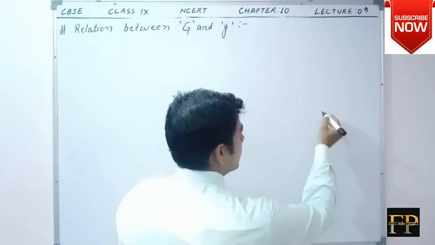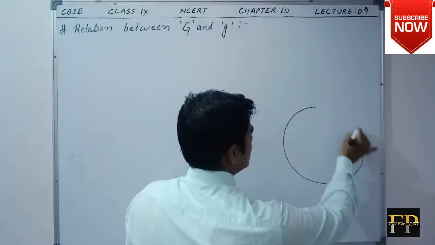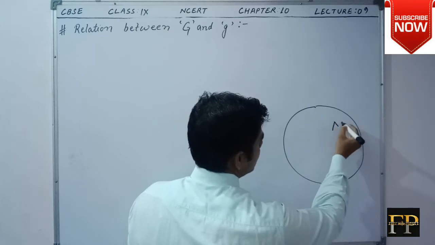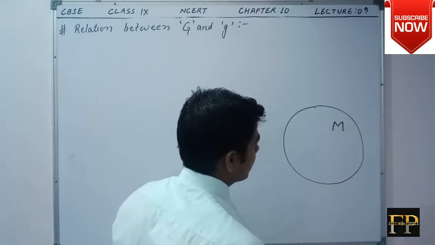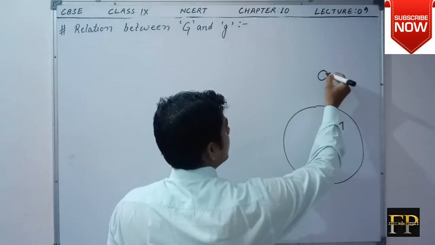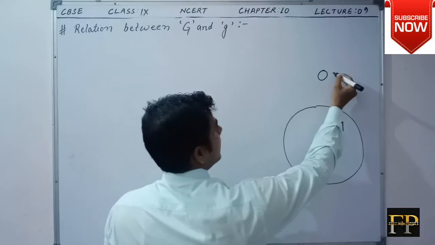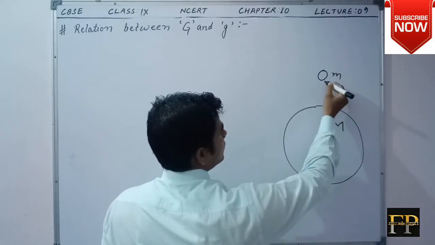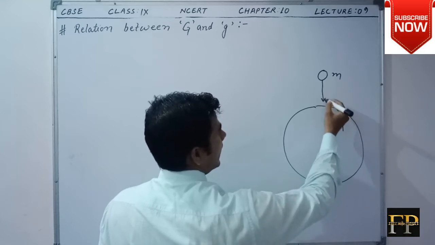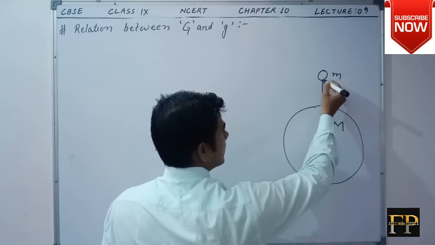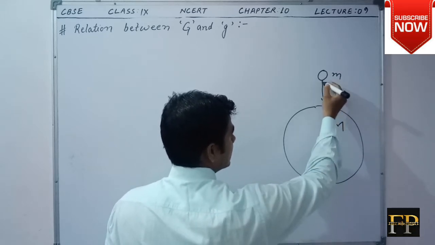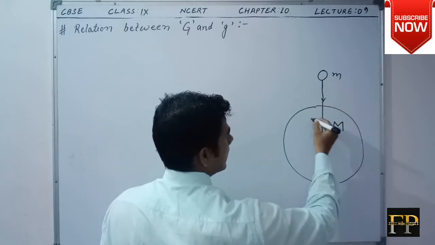Students, suppose this is Earth and the mass of the Earth is capital M, and an object of mass small m is falling towards the earth, and the distance between the object and the center of the earth is r.